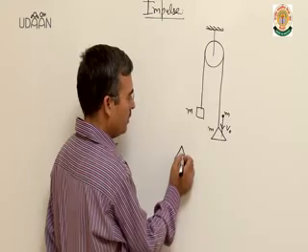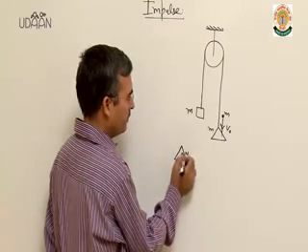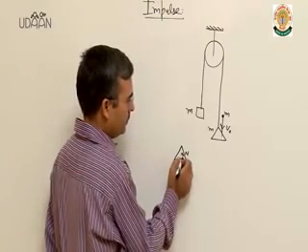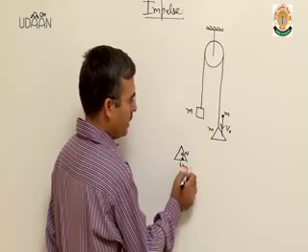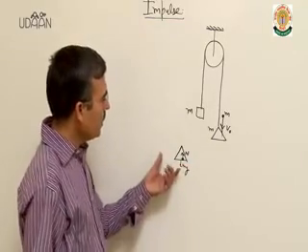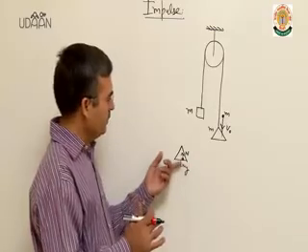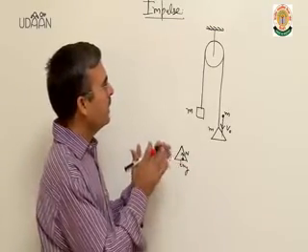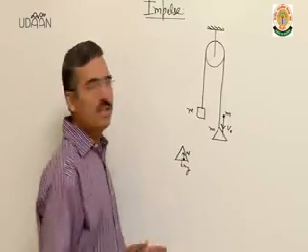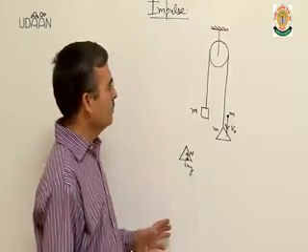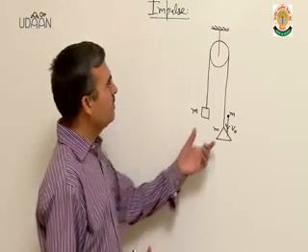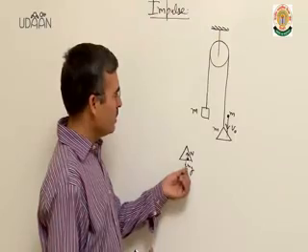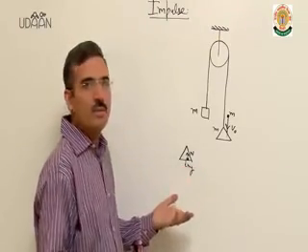The normal reaction will act on it, and mg is acting downward. The impulse of mg at the time of impact is negligible, or you can say zero, because the time interval is very small and the force is constant here, mg is constant.